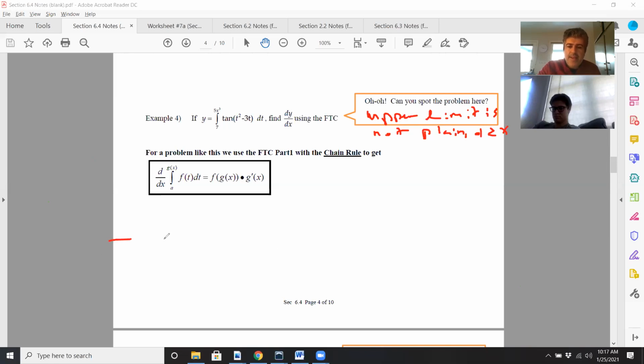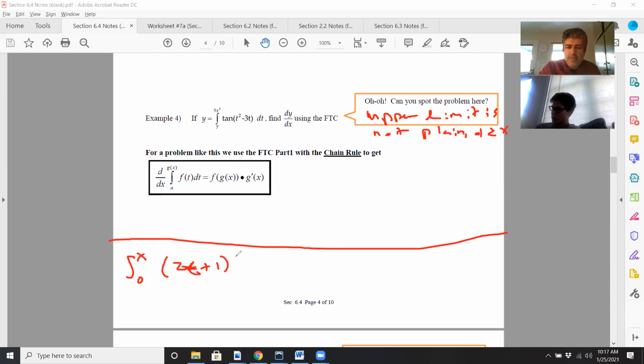Again, let me just, as a quick aside, and then we'll come back to this actual problem. Remember, I did this with you guys again. We went from 0 to x of 2t plus 1 dt, right? We just did that a few minutes ago. What was the antiderivative of 2t plus 1? t squared plus t plus c, right? Integrate from 0 to x. We did all that stuff. What if I did x squared here as the upper limit?